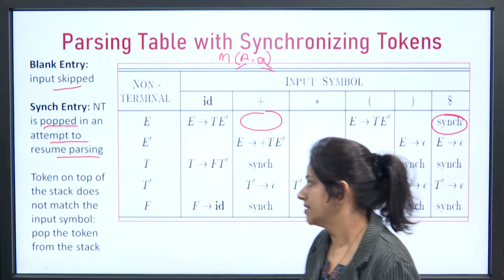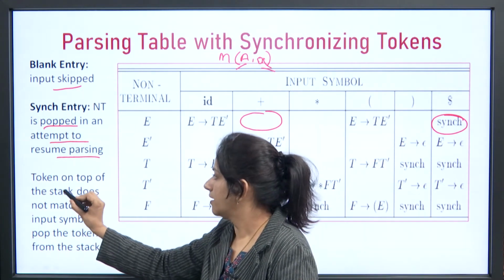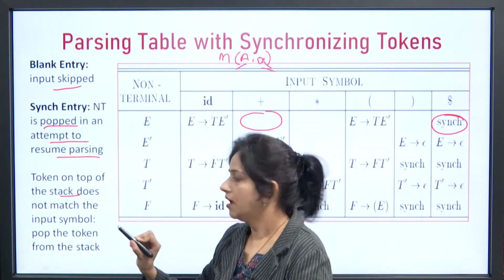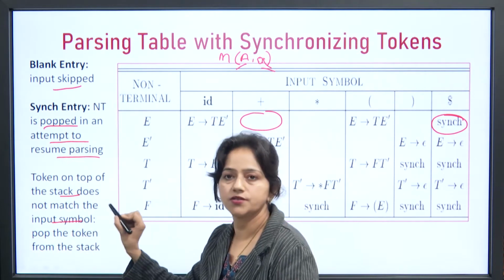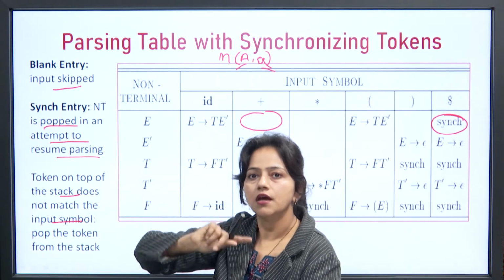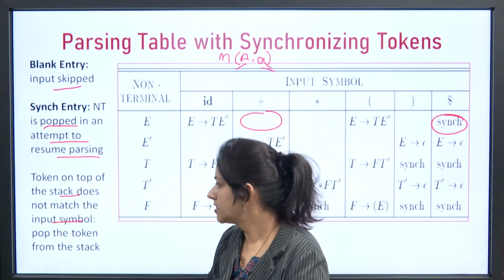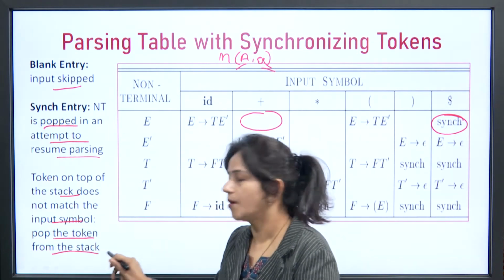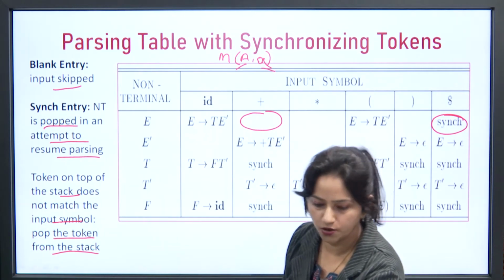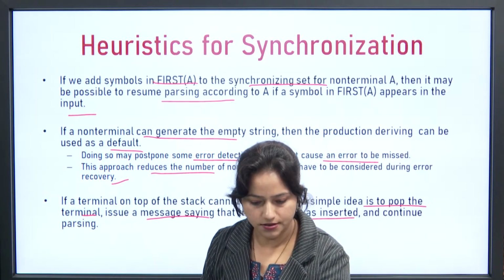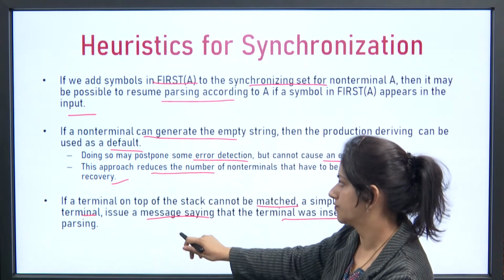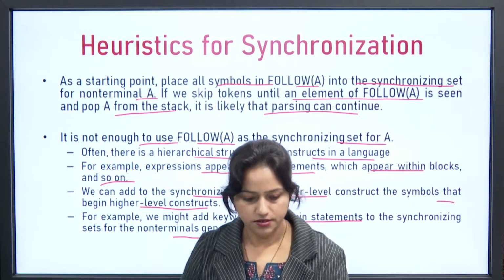The third case is if the token on the top of the stack does not match the input symbol. In this case, we will simply pop the token from the stack. This is related to the third statement.